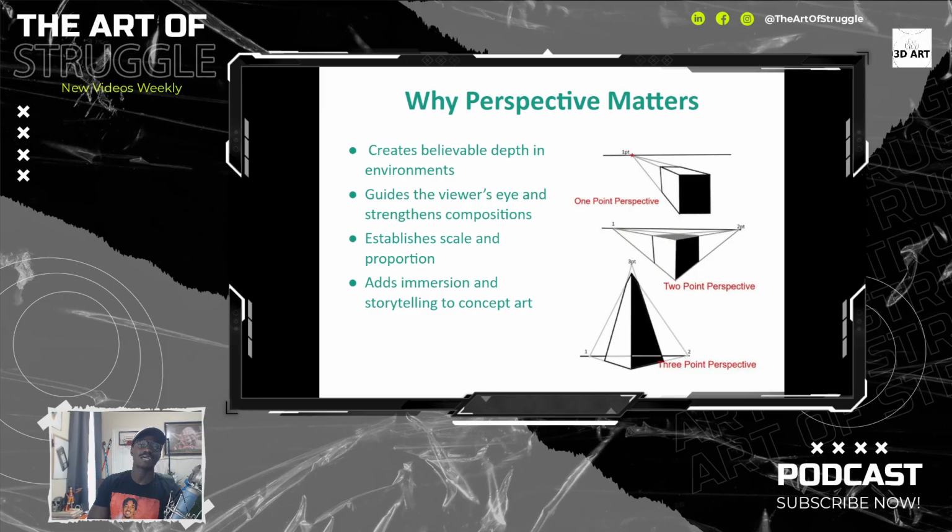It guides the viewer's eye and strengthens compositions. It also establishes scale and proportion. It can also add immersion and storytelling to concept art. So we've got these three main perspectives that we usually use, and they do give us really good senses of scale, helps with composition stuff as well.